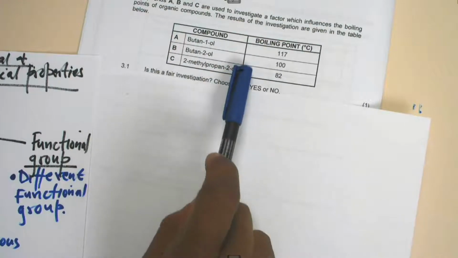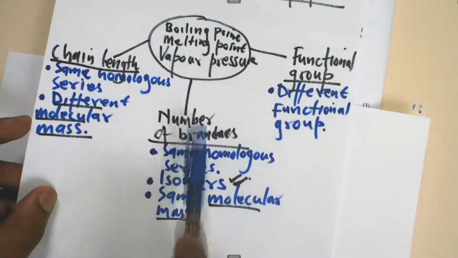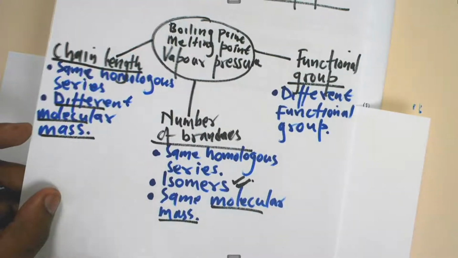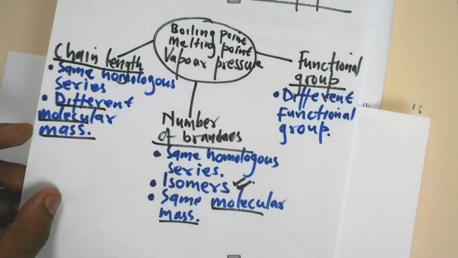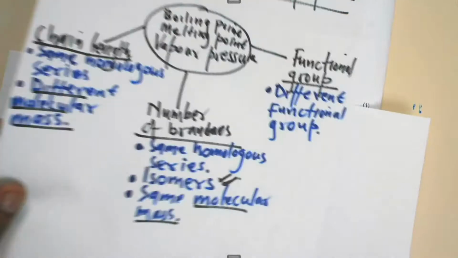And then for B and C, we have branching, so that is the number of branches that is changing. So it becomes an unfair investigation, because you are now comparing two different independent variables.